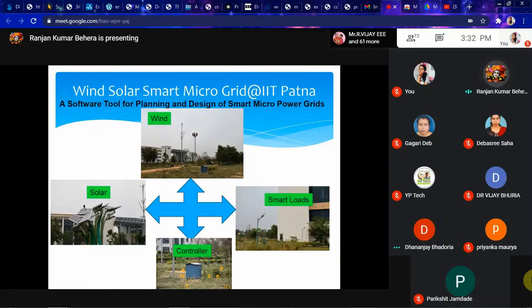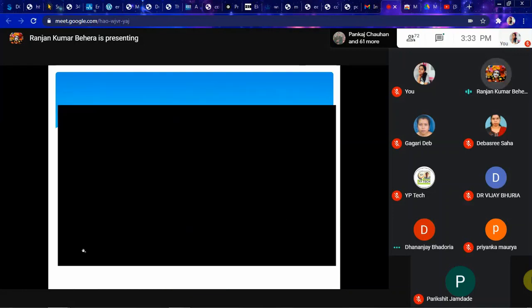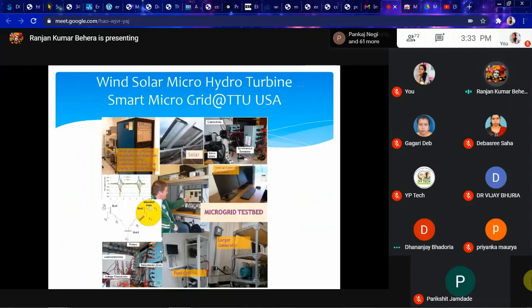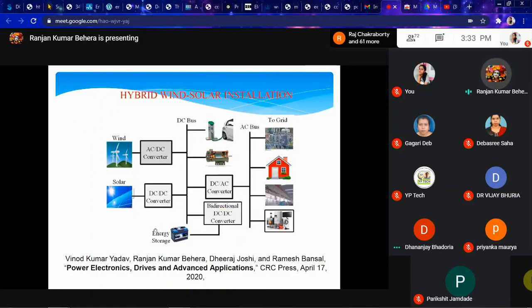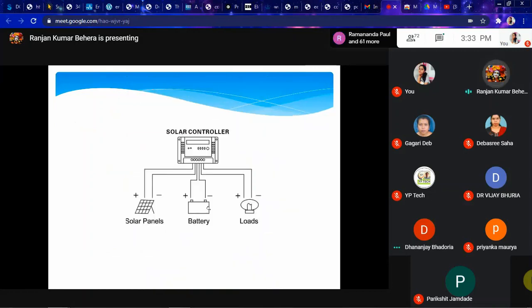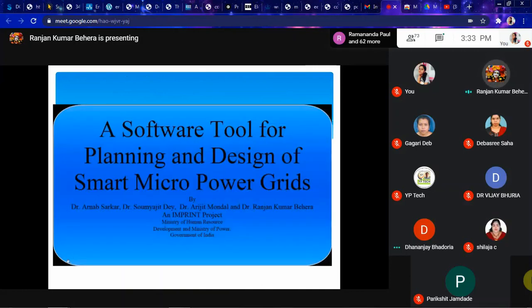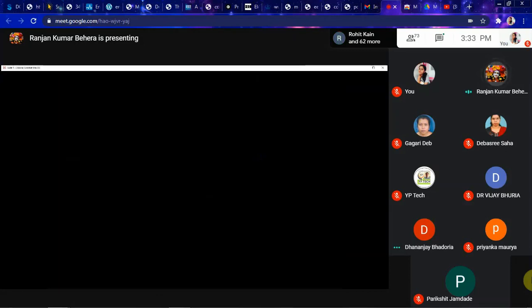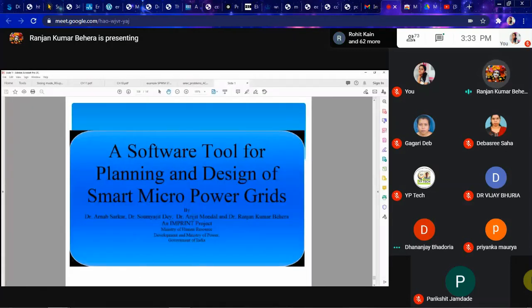Then we have a solar tree controller and smart loads are connected. There are a few projects, and micro hydro turbine also we carried out. And there is also hybrid solar controller design. I can show one video of the DC microgrid, then we will stop here.